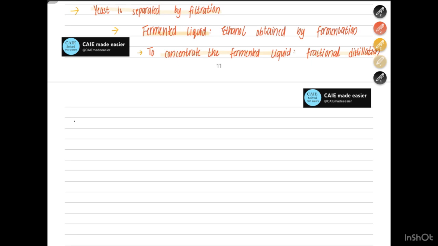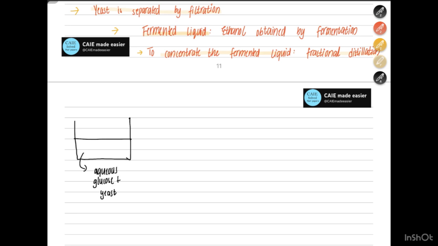Let's say we have a container. Again, we're just talking about fermentation to produce ethanol. So we have an aqueous solution of glucose and yeast. Aqueous glucose plus yeast.